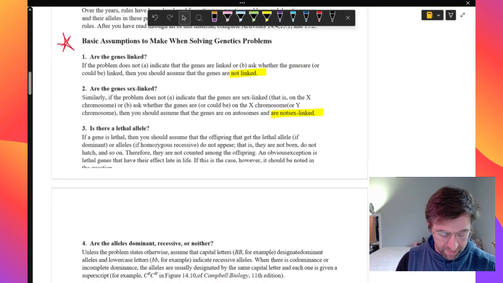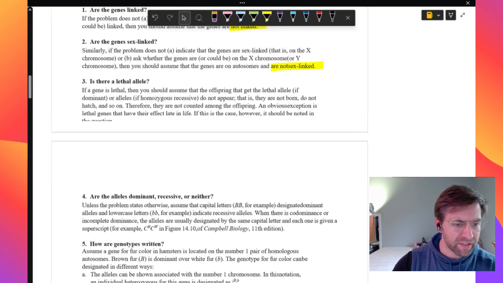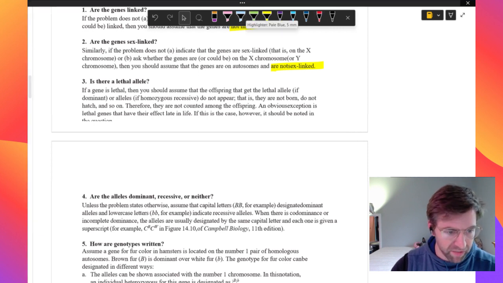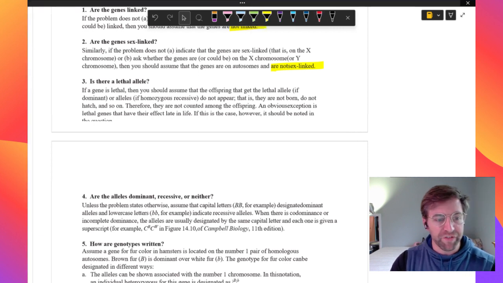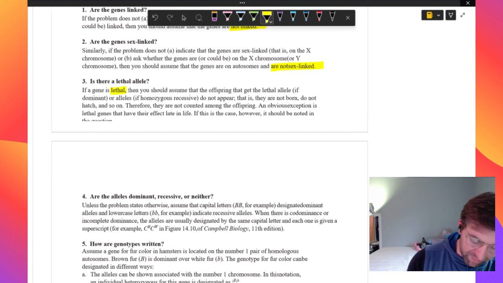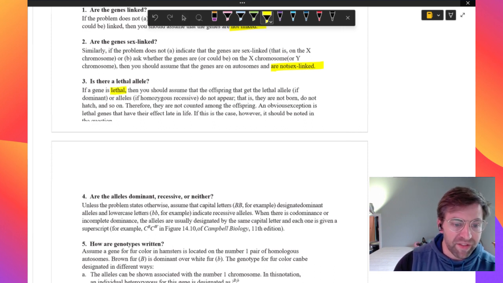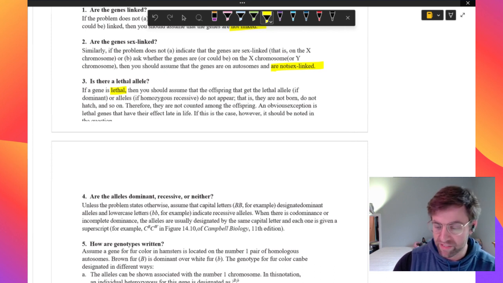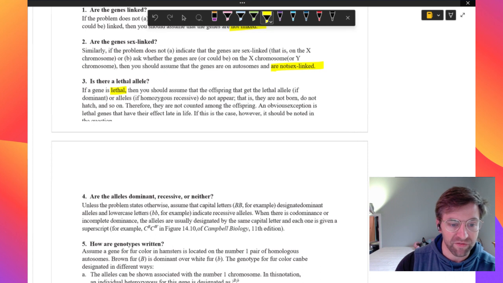Is there a lethal allele? It looks like we got cut off here, so it looks like we should be able to read it all. If a gene is lethal, lethal being the operative word here, then you should assume that the offspring that get the lethal allele, if dominant, or alleles if homozygous recessive, do not appear. That is, they are not born, they don't hatch, and so forth.